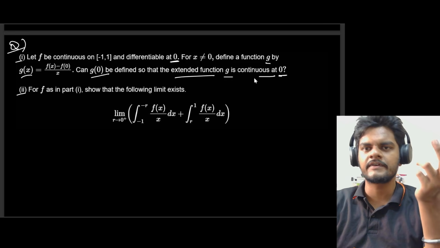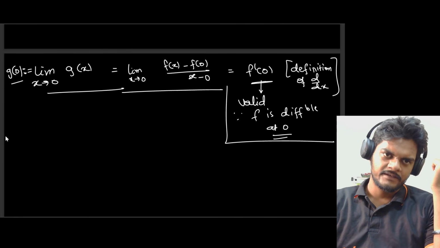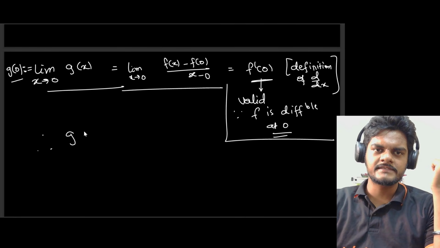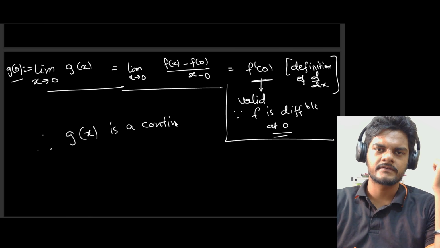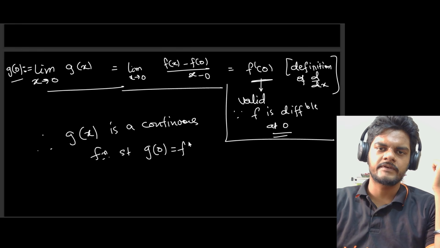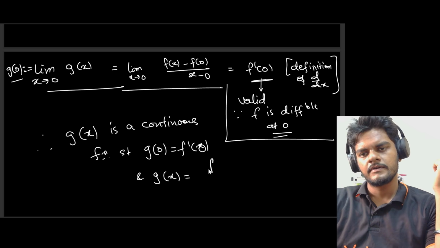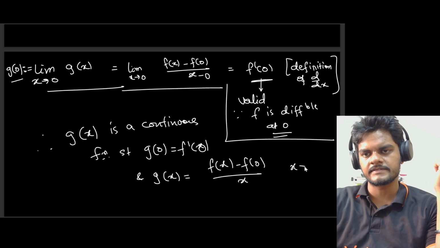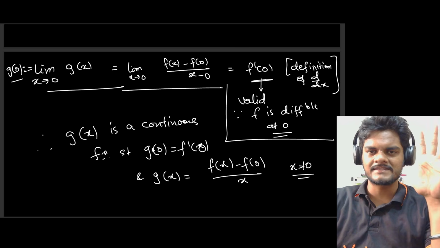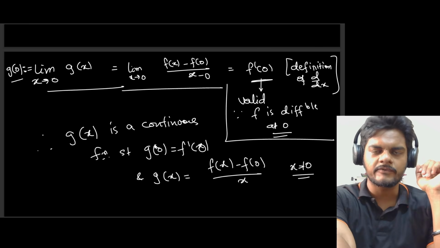Therefore, I can say g of x is a continuous function such that g of 0 is equal to f dash of 0, and g of x is equal to f of x minus f of 0 by x when x is not equal to 0. So this is the extended function g of x.